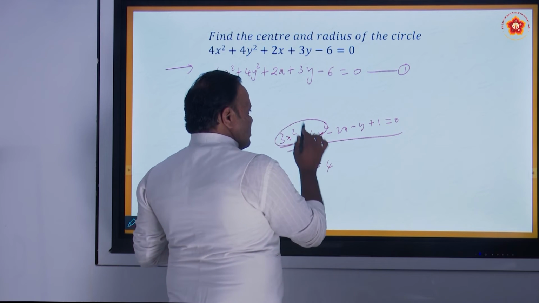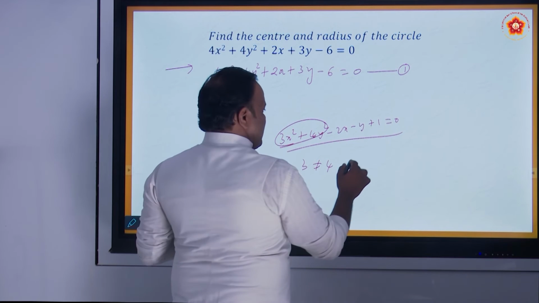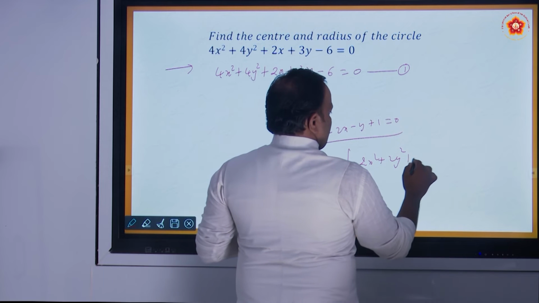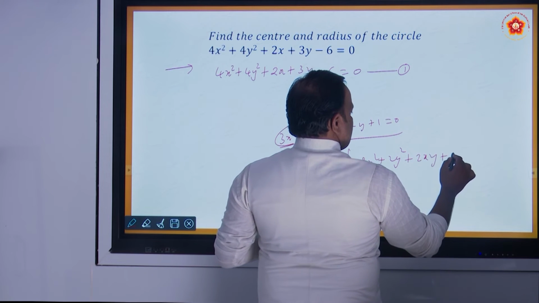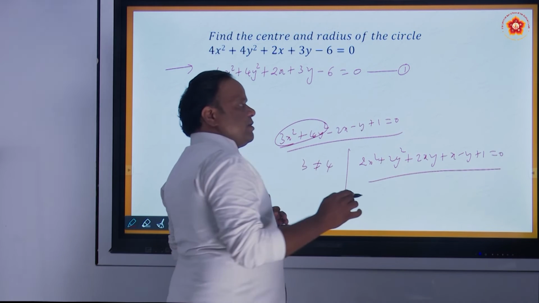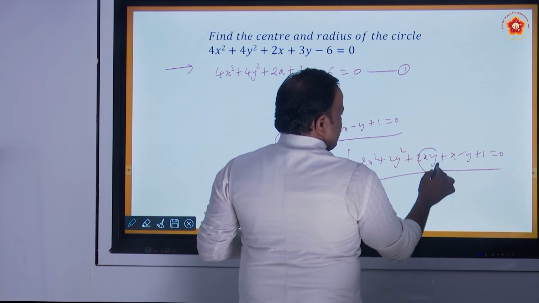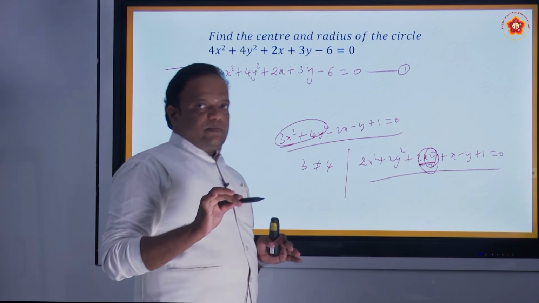Both coefficients are different, therefore this does not represent a circle. Similarly, 2x square plus 2y square plus 2xy plus x minus y plus 1 equal to 0 is also not a circle, because in this equation we have an xy term. In the circle equation there is no xy term.